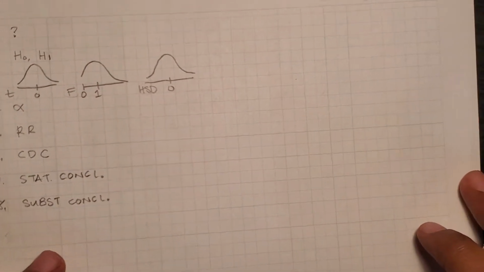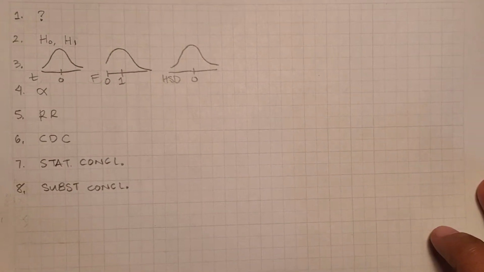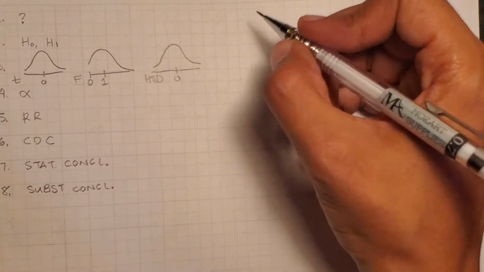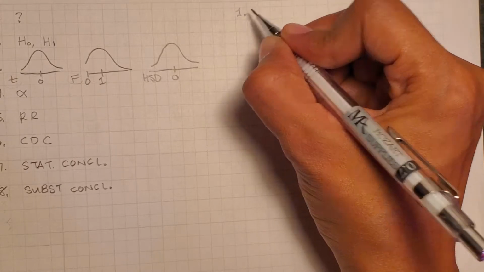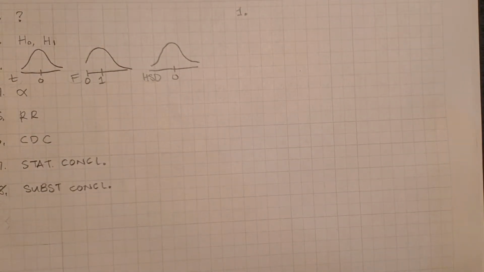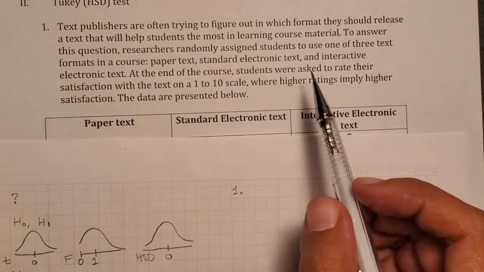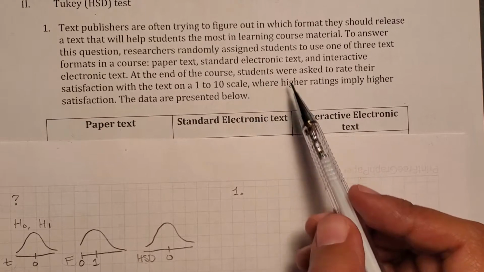Now that we have these, I can get started on the 8 steps for the problem that we worked on earlier. The first step on my problem will be to create the question. Always go back and reference what it is that you're working with.